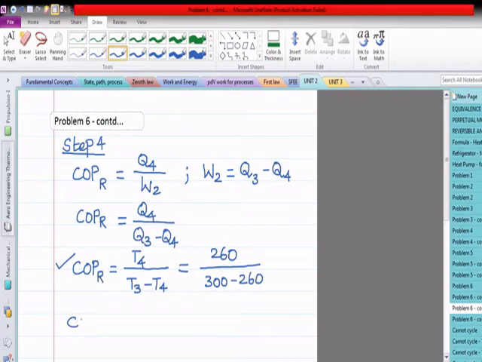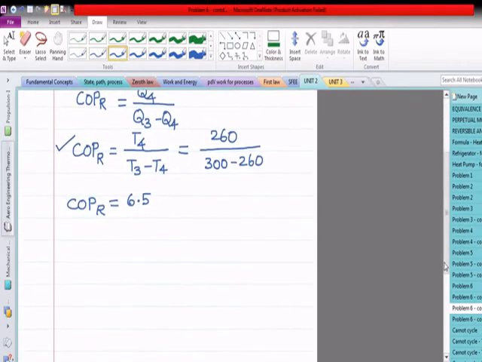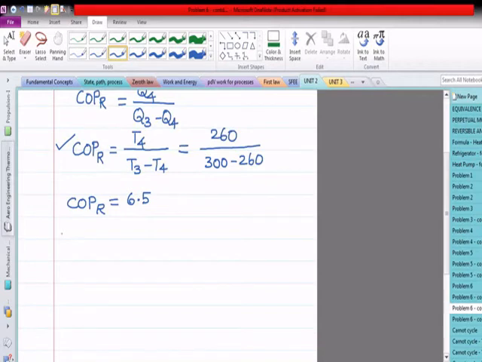Upon simplification, I'll get the value of COP of refrigerator as 6.5. So this is what we did in step number 4, and in step number 5 we are going to find Q4.